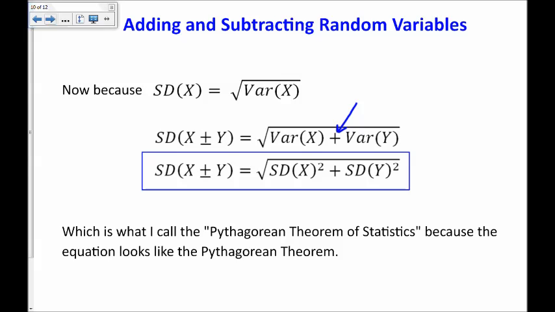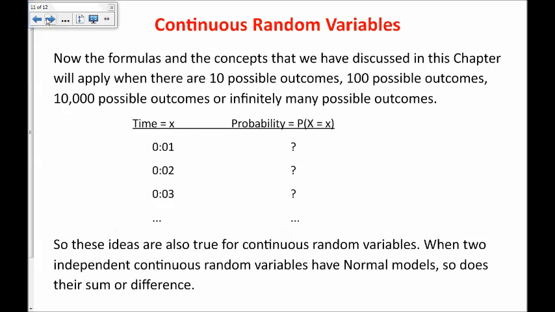Okay, whenever you're working with two or more random variables and you're looking for the standard deviation of those variables, you have to use the Pythagorean theorem of statistics. Now, the formulas and the concepts that we have discussed in this chapter will apply if there are 10 possible outcomes or 100 possible outcomes or 10,000 possible outcomes or infinitely many possible outcomes.